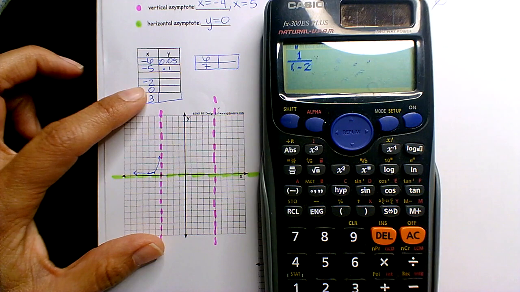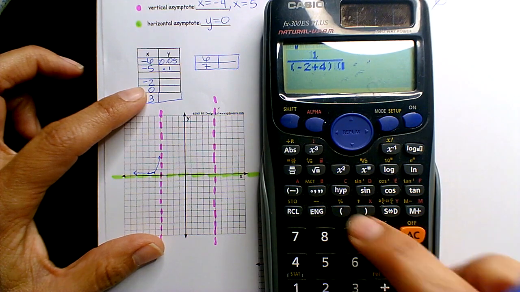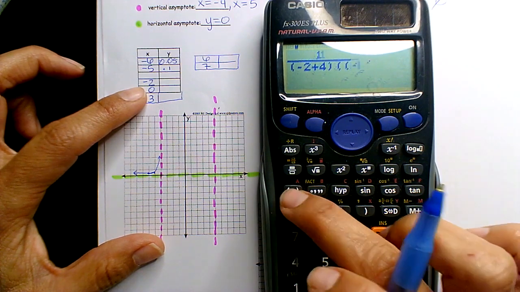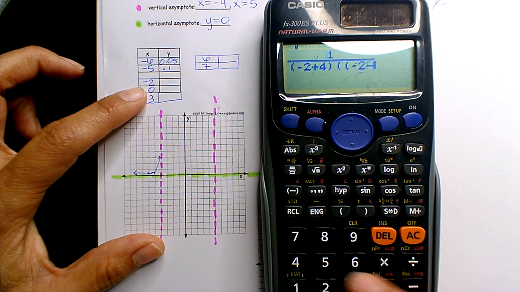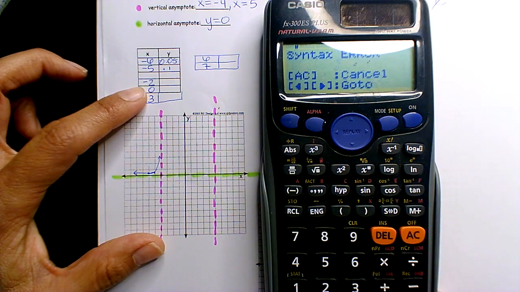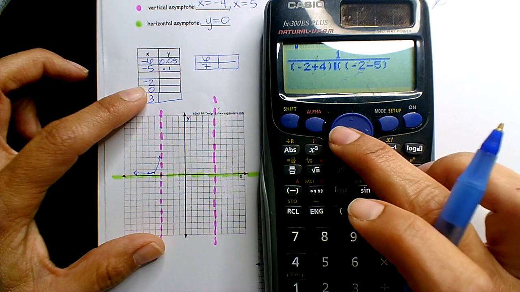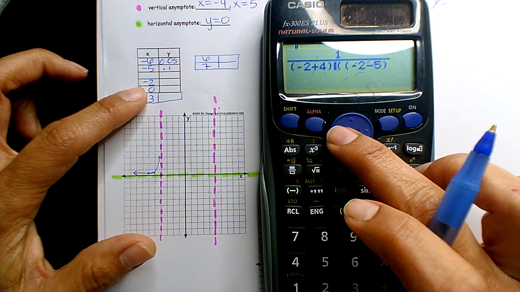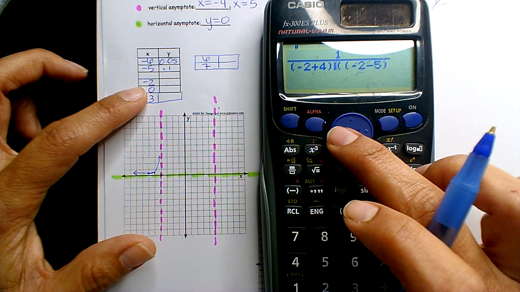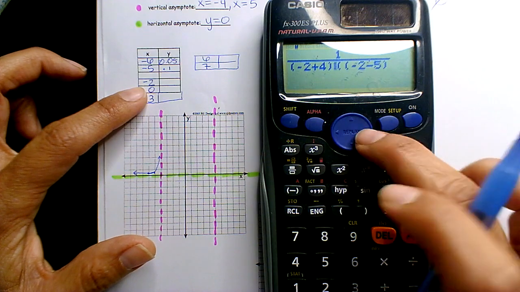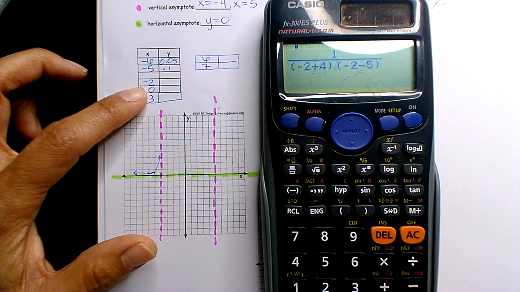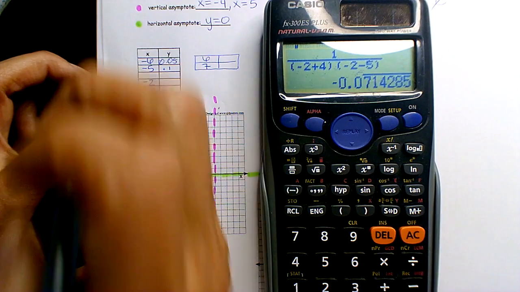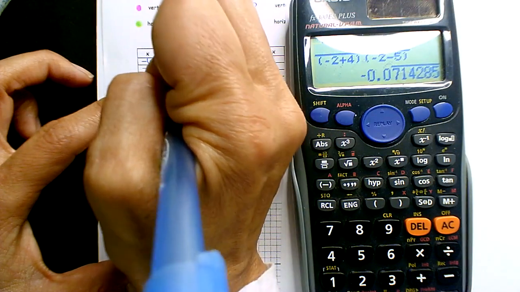-2 plus 4, -2 minus 5. Wait, what'd I do? Oh, I put 2 parentheses. I was like, why am I getting an error? Okay. -0.1.